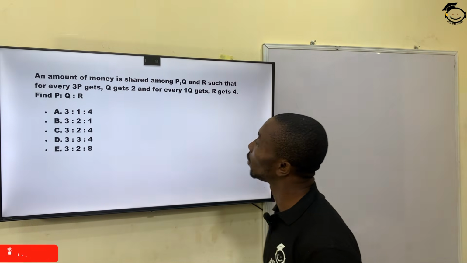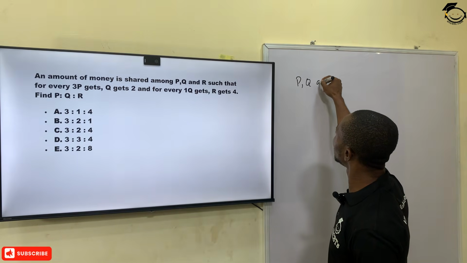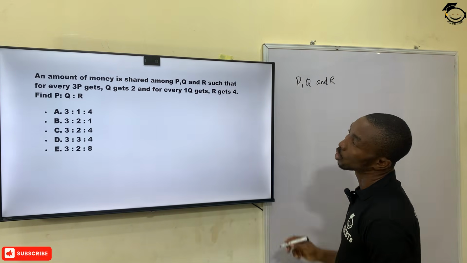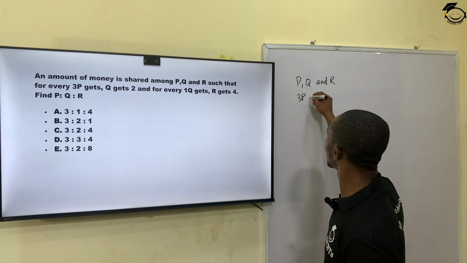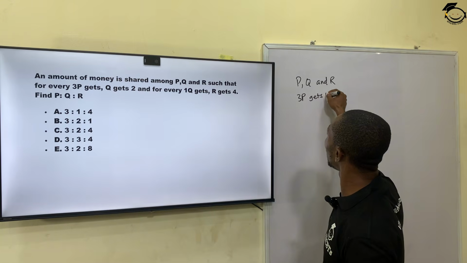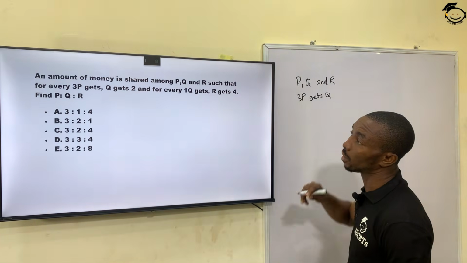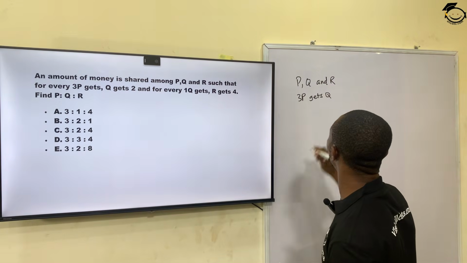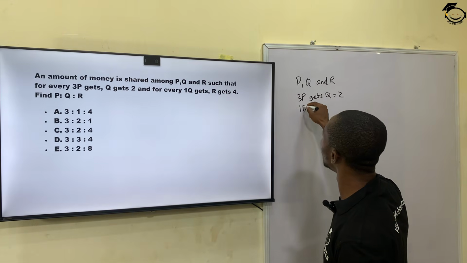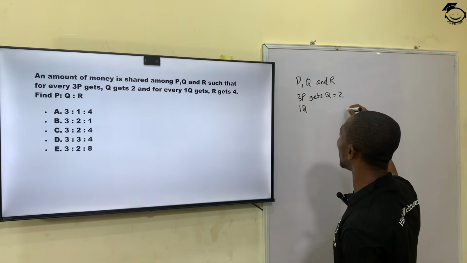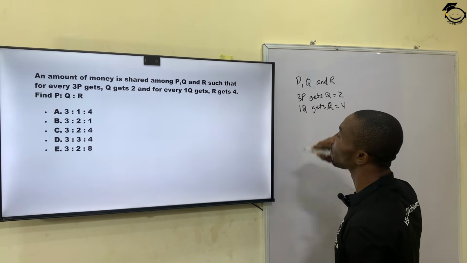An amount of money is shared among P, Q, and R such that for every 3 P gets, Q gets 2, and for every 1 Q gets, R gets 4.